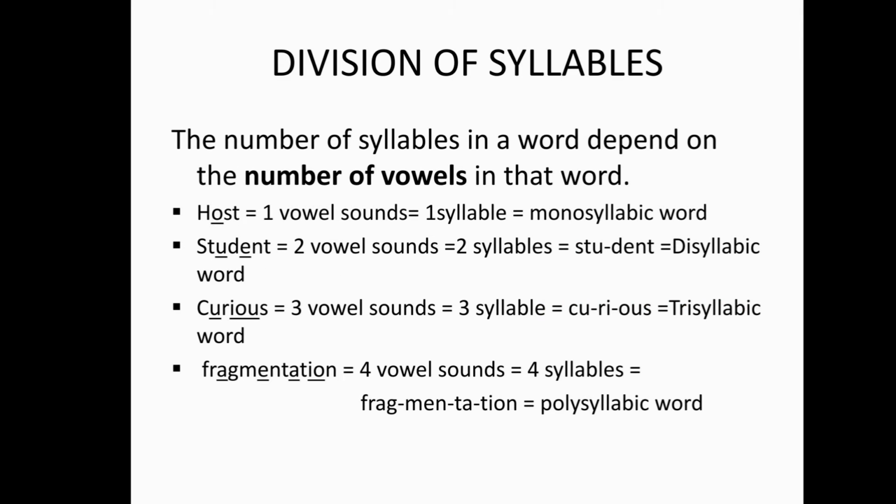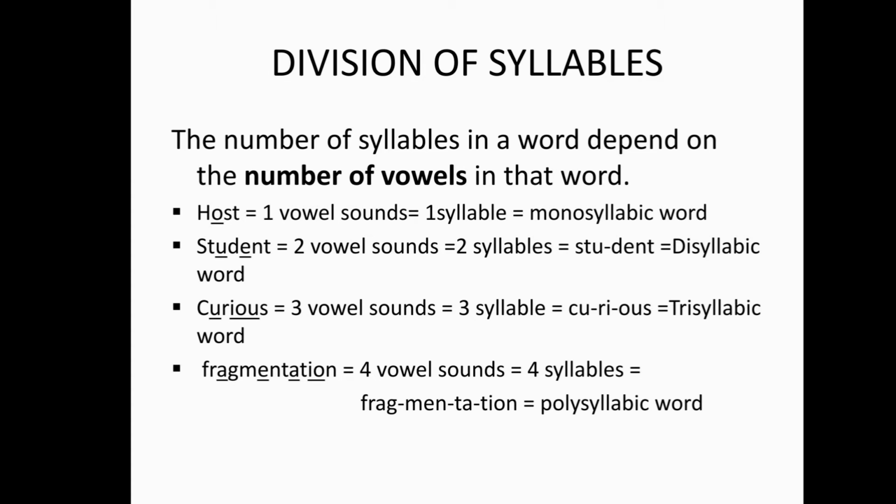The number of syllables in a word depends on the number of vowel sounds of that word. If we observe the following words, we can understand how a vowel sound makes a syllable. We all know that without a vowel sound, it is not possible for us to pronounce a consonant sound clearly.